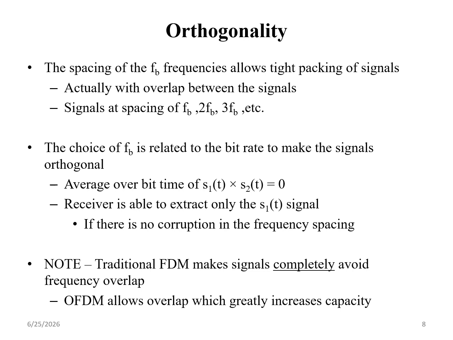The average over bit time for S1 as well as S2 is going to be 0. The receiver is able to extract only the S1 signal if there is no corruption in the frequency spacing. Then only can the receiver easily retrieve it.